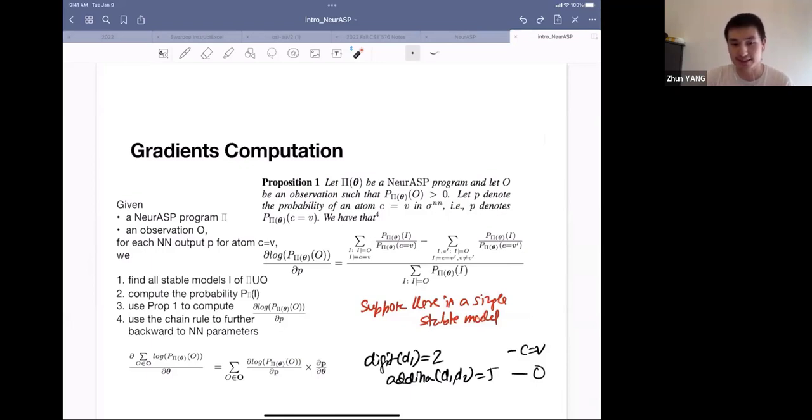One part is those I's that agree with the atom, like digit D1 equals 2. And the second part is those stable models that don't agree with this atom, digit D1 equals 2. For those stable models that agree, it will contribute to a positive gradient. And for those that don't agree, it will contribute to a negative gradient. And that's how the numerator is formulated.